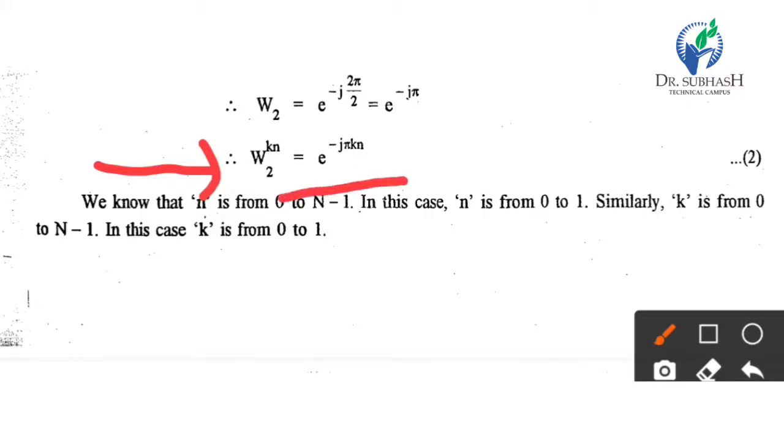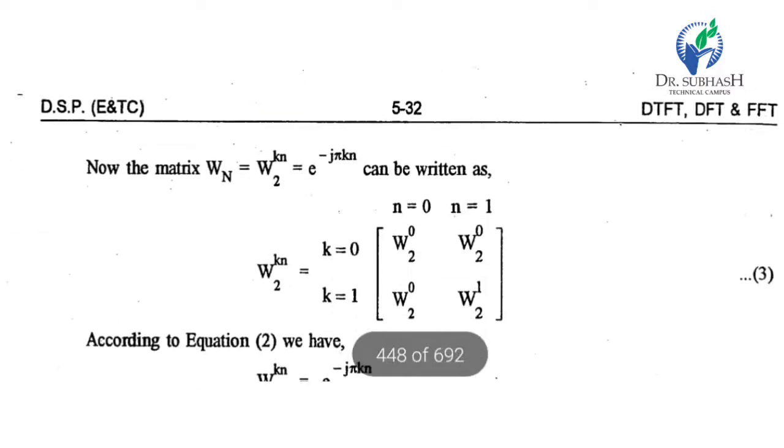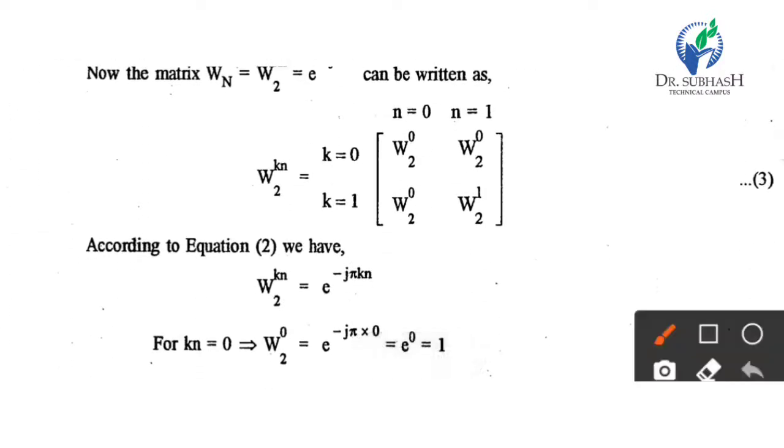We know that n is from 0 to N minus 1 as per the DFT. In this case n is from 0 to 1 because there are only 2 samples. Similarly, k is from 0 to N minus 1, so in this case k is from 0 to 1. So the range is 0 to 1. Now the matrix W_2 raised to kn can be written with n as 0 and 1, and k as 0 and 1.